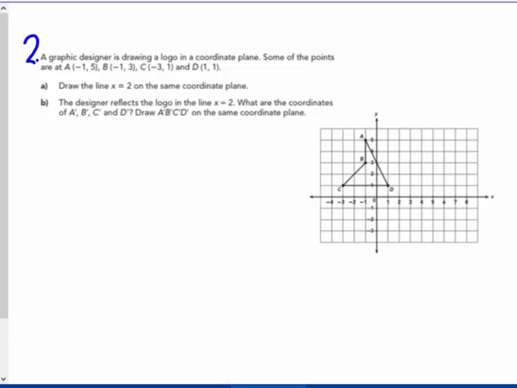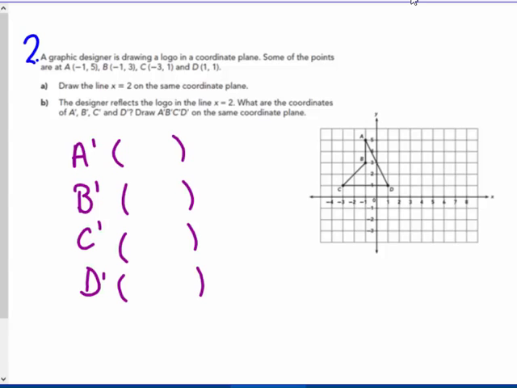Draw the line x equals 2 on that same coordinate plane. So x equals 2, I'm going to go ahead and draw that line x equals 2. And my line doesn't look very straight there. Use a straight edge and draw that. X equals 2. So it's 2 away from the x equals 0 y-axis.